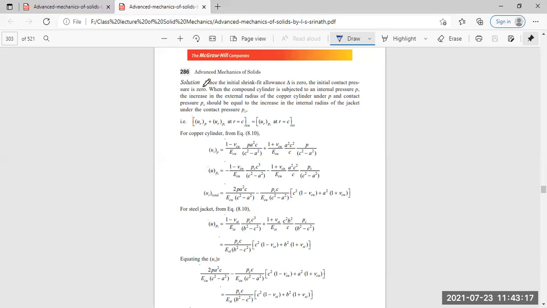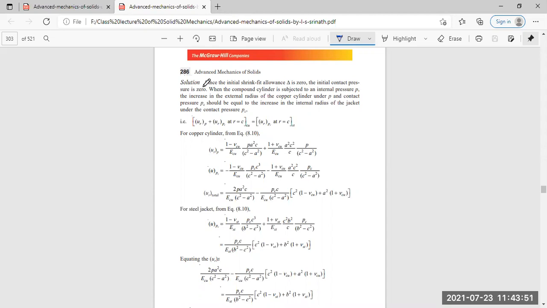Now, if the compound cylinder is subject to an internal pressure P at the inner part of the copper cylinder, then what happens? The external radius of the copper cylinder will also be under P, and the contact pressure PC will be equal to the increase in internal radius of the jacket under the pressure PC itself.